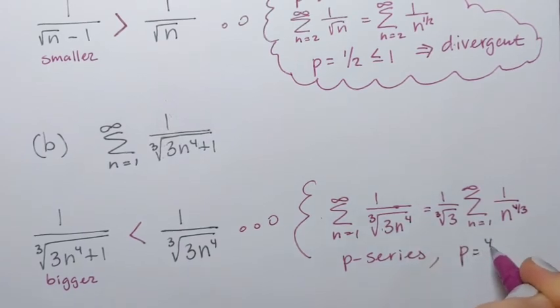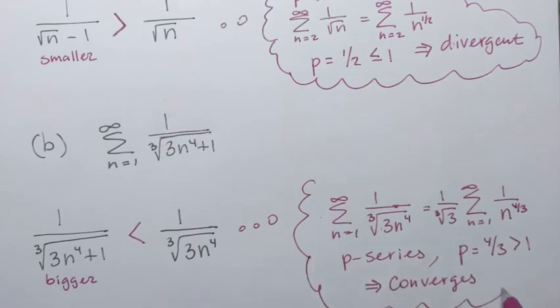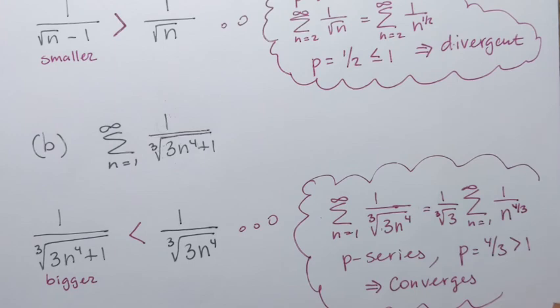P equals 4/3, and that is greater than 1. Since it's greater than 1, it means that this series converges. But is this helpful for our comparison test?